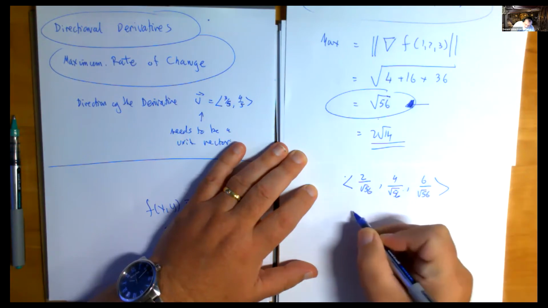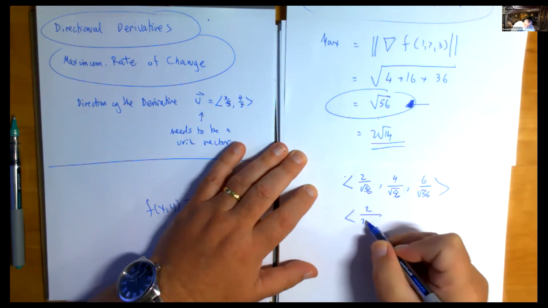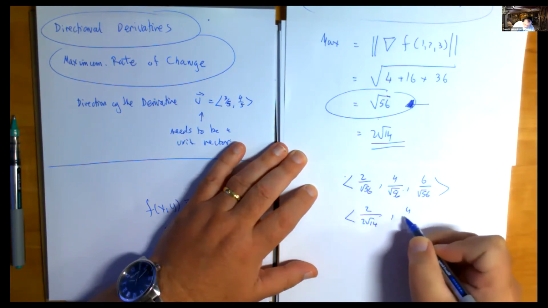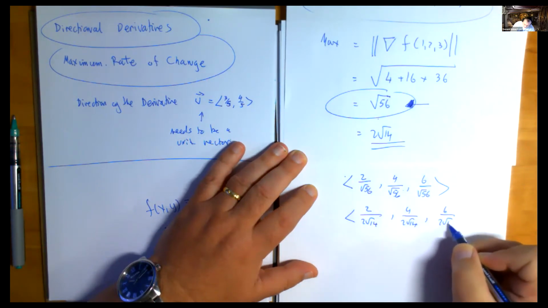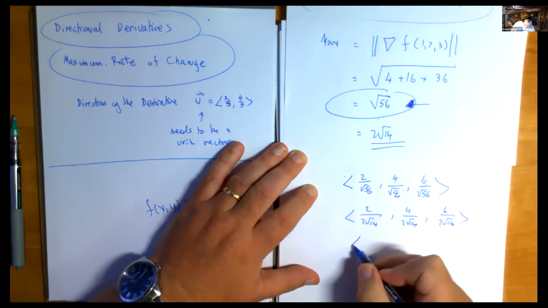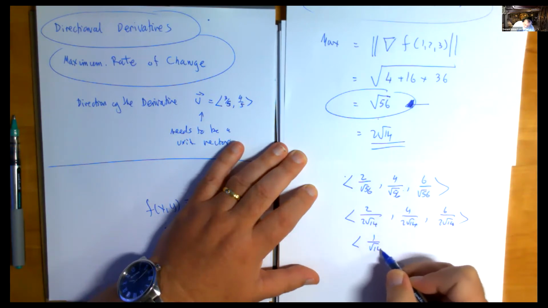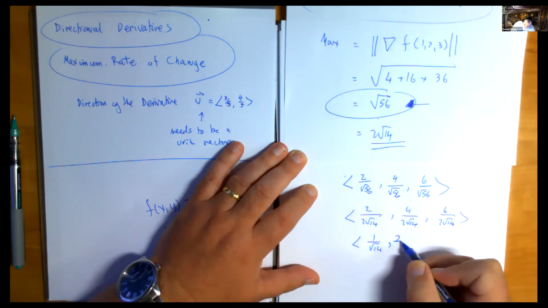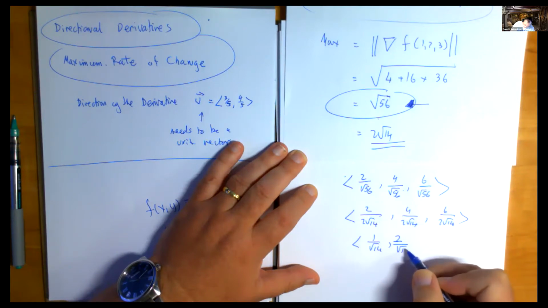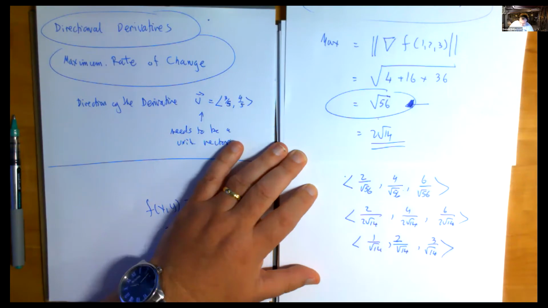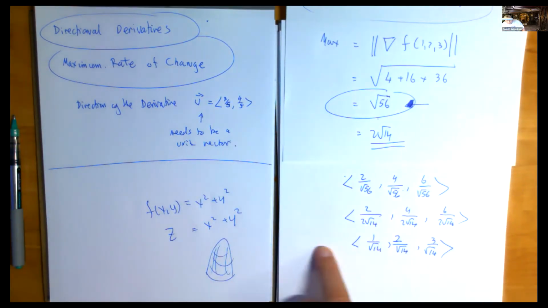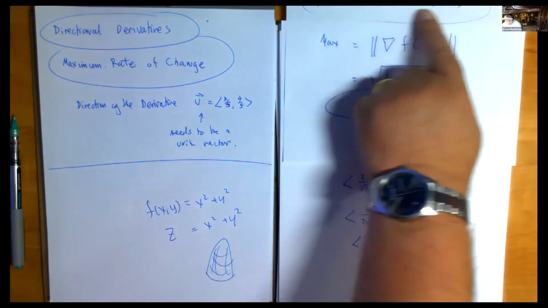And then we would at least attempt to simplify it. I would cancel out some 2's, and I'd look at something that looks like this. So this would be a unit vector in the same direction as that.